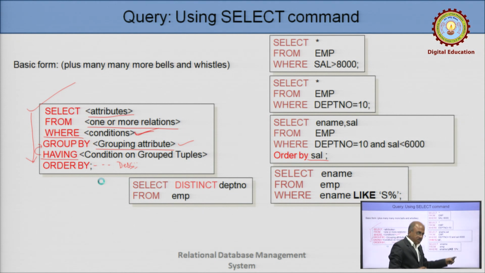So, percentage means any string. Similarly, we can have underscore, which means one character. If we want to match a single character, then we have to mention underscore. If we want to match any number of characters, that is a string, we can write percentage.